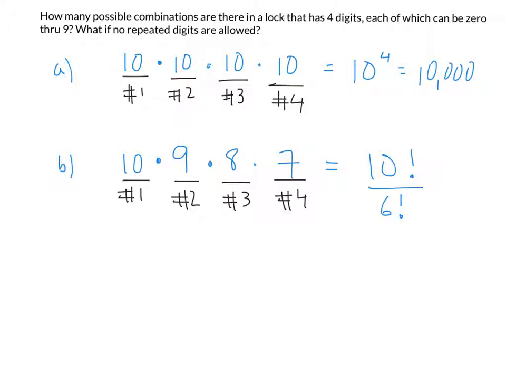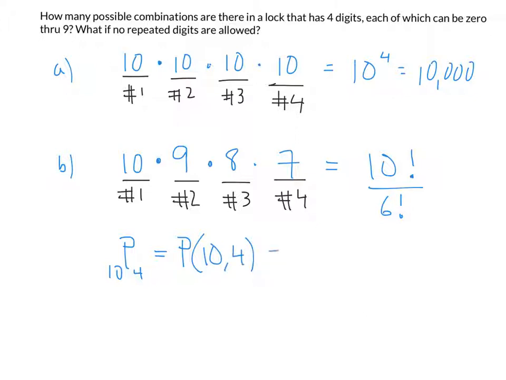So this is the notation. This is known as the permutation of 10 things taken 4 at a time. It's typically written this way or this way, the permutation of 10 things taken 4 at a time.